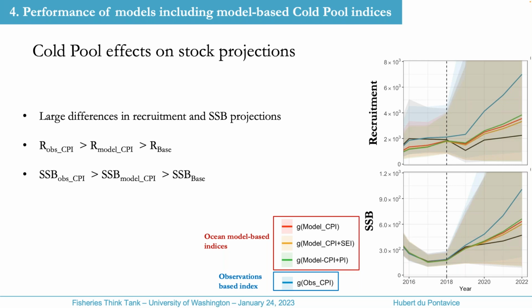But you can also see differences in recruitment and SSB projection among the 5 models, with higher predicted recruitment and SSB for models including cold pool indices, which are the colored lines on the figures, compared to the black line, that is the projection for the model without cold pool effect. And moreover, the model with observation-based index, so in blue, predicted a larger increase in recruitment and SSB.